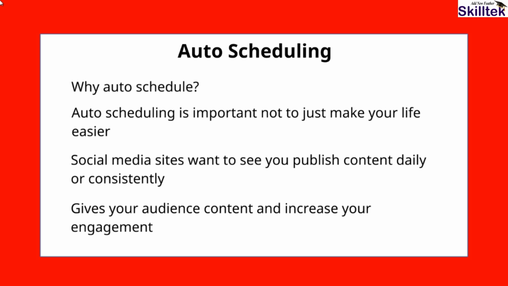So it's a win-win situation. You're winning by saving a lot of time on your end, and in addition to that, you are also giving your audience content, increasing your engagement, and thereby the social media sites will see that and their algorithm will kick in and get you better rankings. So, what kind of tools can you use? Well, let's talk about that right now.